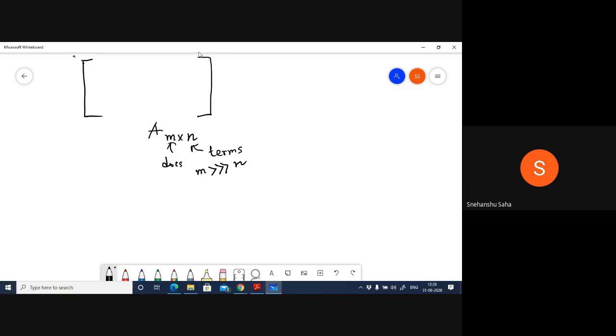And so what you do is you decompose this into three matrices. These two, U and V, are actually orthogonal matrices.